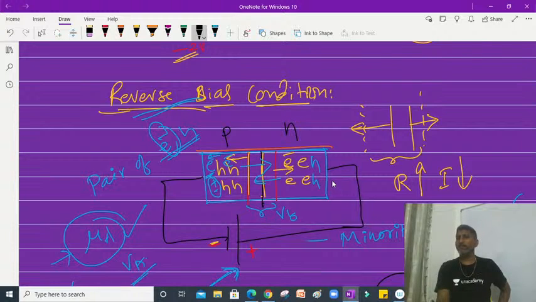The holes cannot move towards the negative plate, so they move away. But minority charge carriers, like electrons in the p-type material and holes in the n-type material, are able to cross the junction. Because of like charges, the electron is repelled by the negative plate and easily crosses it. Likewise, the holes also.